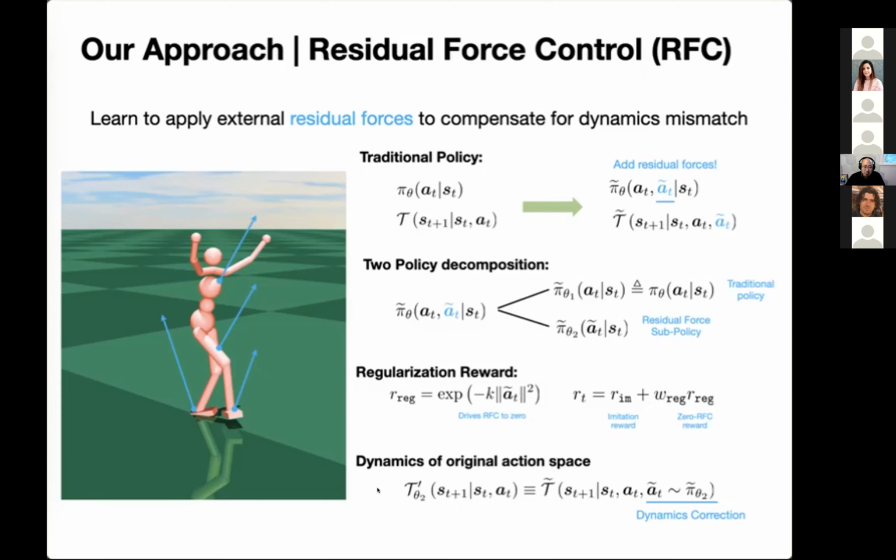I've already mentioned this earlier, but the introduction of this residual force changes the state transition dynamic. More details are in the paper. We have two versions of this, but I'll just show you the results.